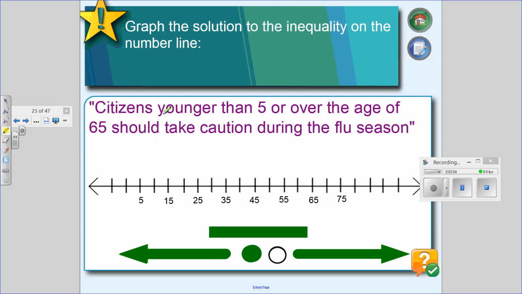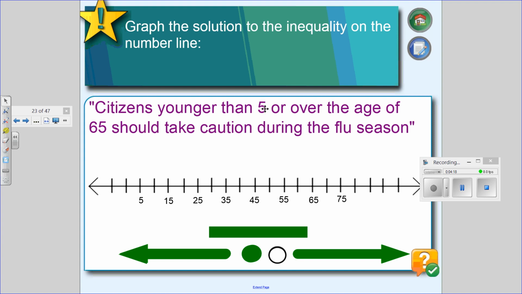What about this one? Citizens younger than 5 or over the age of 65 should take caution during the flu season. And I think everyone should take caution during the flu season, but these particular demographics are particularly vulnerable, I guess you could say.